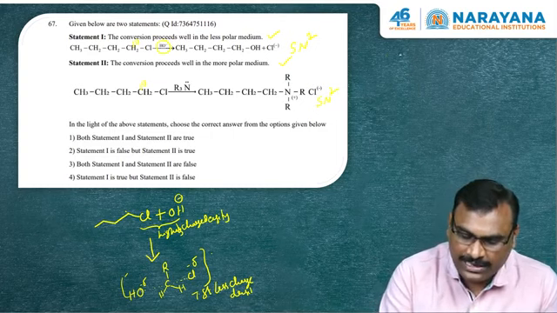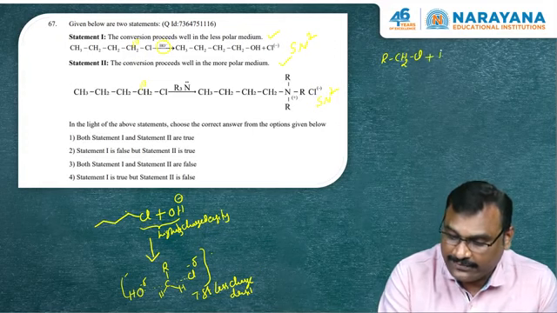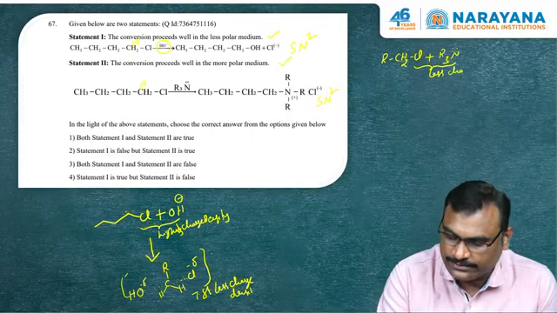If you go for the second reaction, that is again n-butyl chloride, when treated with triethylamine, here the reactants have less charge density.